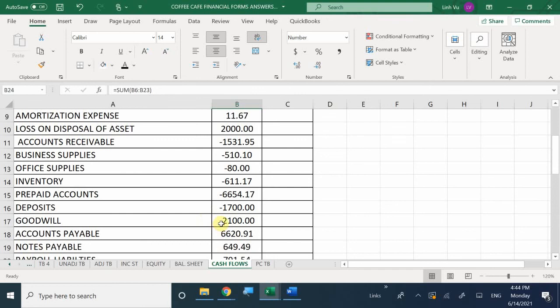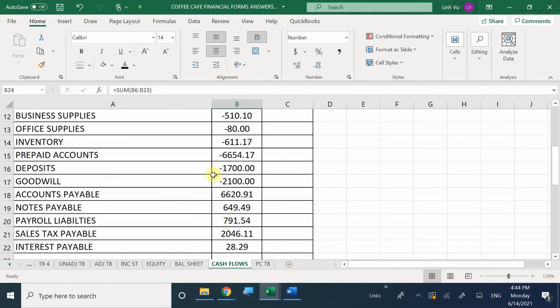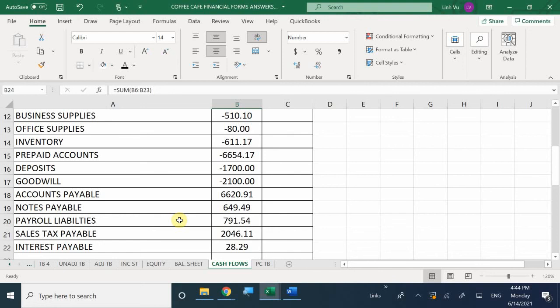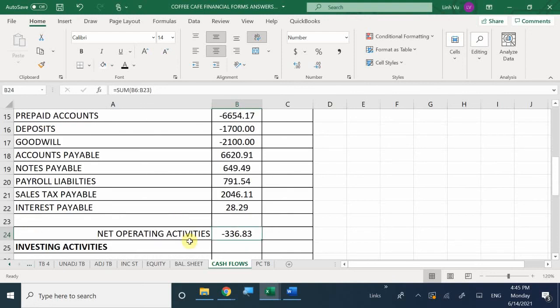Then negative 2,100 for goodwill. Yeah, 2,100, because in this case, I've already added back my amortization. So in this case, I need to take it at the original cost that I had it. Okay.